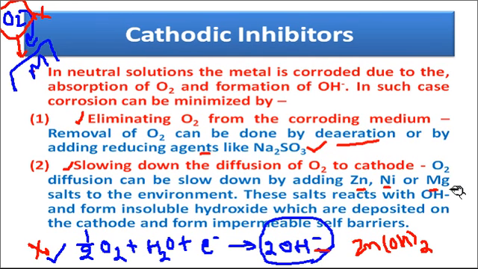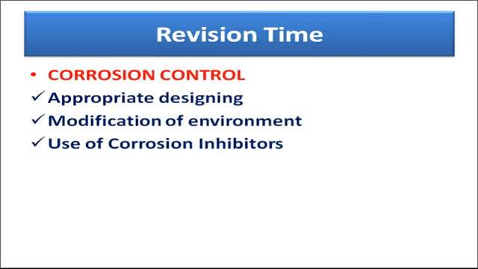These salts basically react with the hydroxyl ions and form a hydroxide salt layer, which is deposited on the cathodic surface and prevents the oxygen attack on the cathodic surface. So further corrosion will be decreased. I hope it is clear to all of you now.